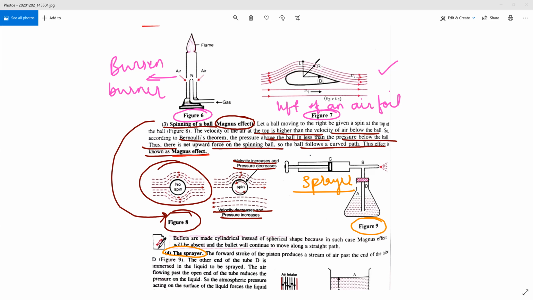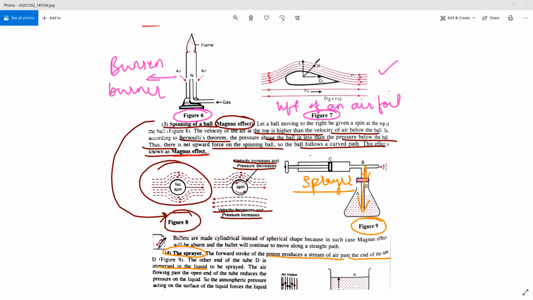Here is how the sprayer works: the forward stroke of the piston produces a stream of air past the end of the tube that is shown in figure 9. The other end of the tube is immersed in the liquid. So that is shown here. The other end of the tube is dipped in the liquid here.